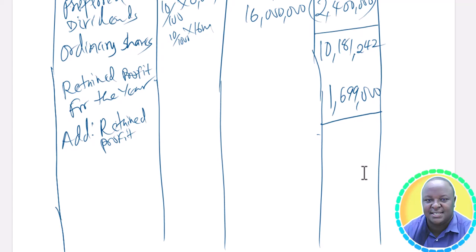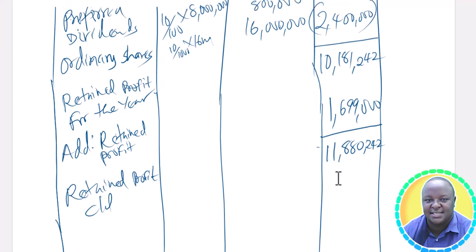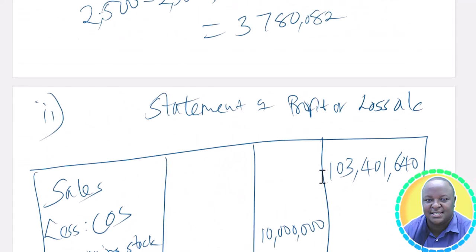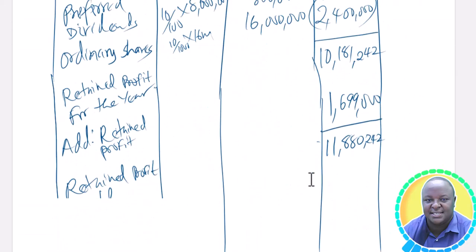We will get 11,880,242. That is what we call retained profit carried forward. So that is our statement of profit and loss account. So that is how we calculate that.